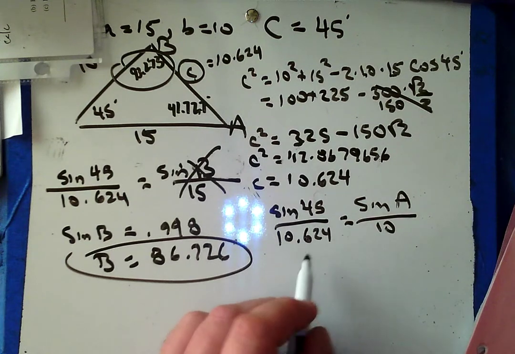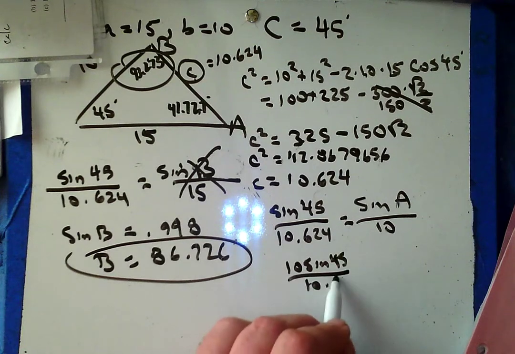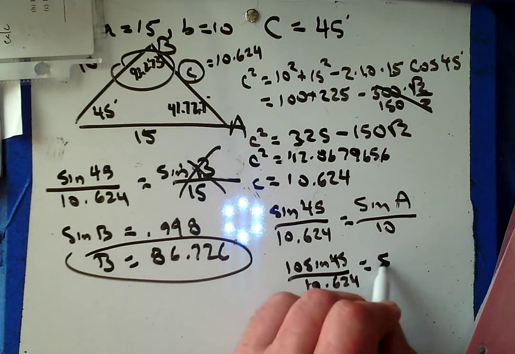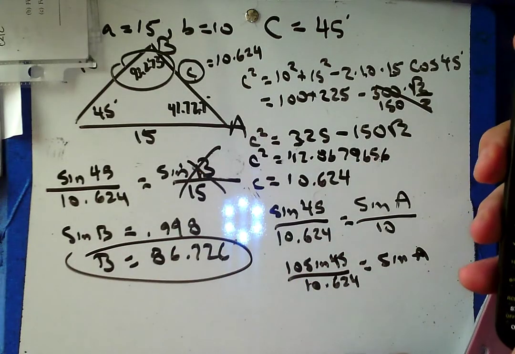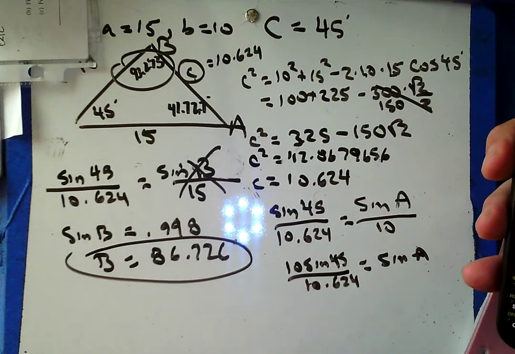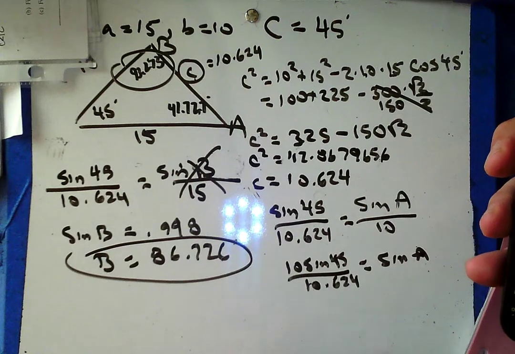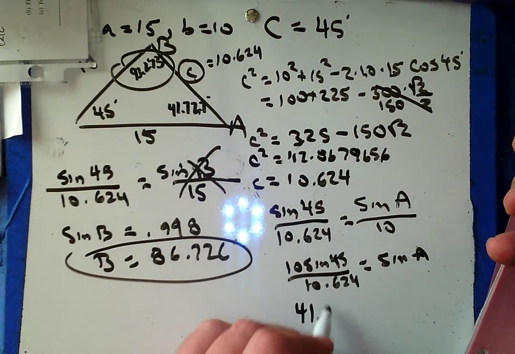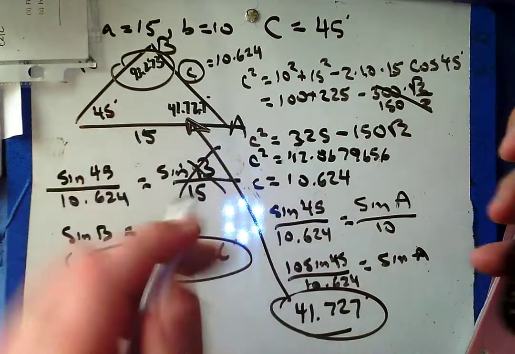And so then we'll find 10 sine 45 over 10.624 equals sine of a. And when I do that on my calculator, 10 sine 45 divided by our x value, and then the inverse sine, I get 41.727 degrees. And look, that one is correct.